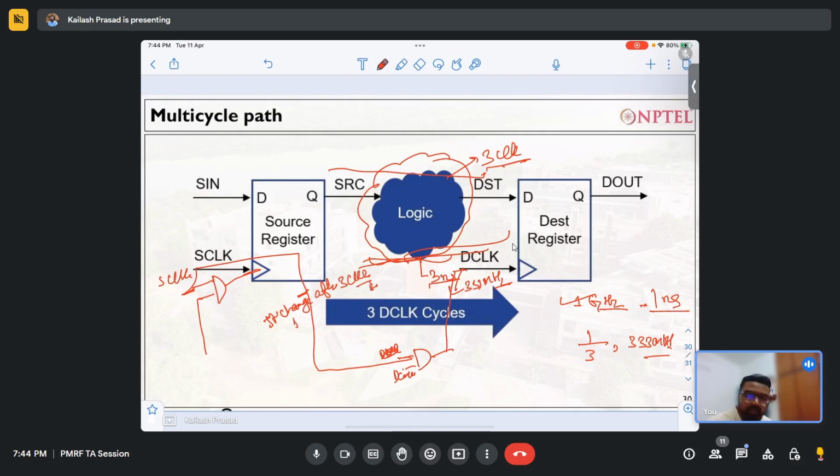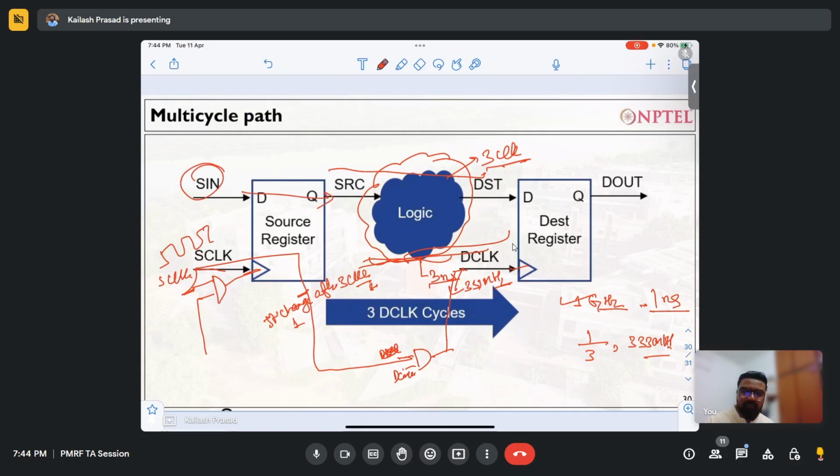It becomes 1 after 3 clock cycles. So it will make sure that this clock is coming only after 3 clock cycles. Although the data is changing, till 3 clock cycles it won't pass any clock, so the data, although changed, won't pass through this particular path. Is that clear?